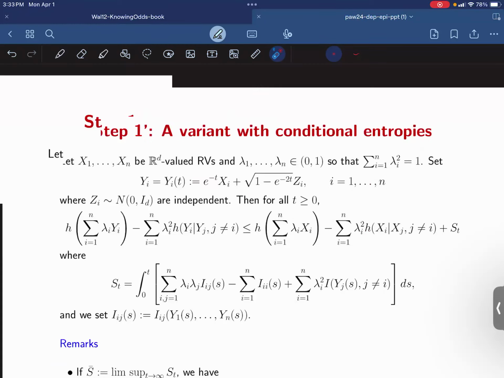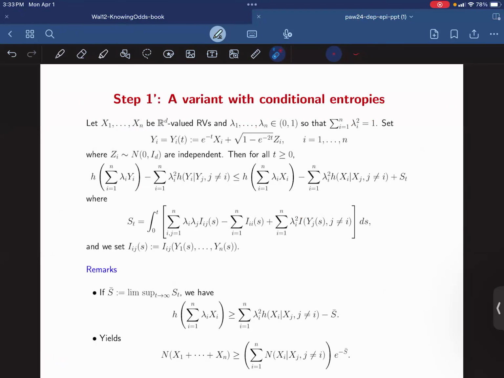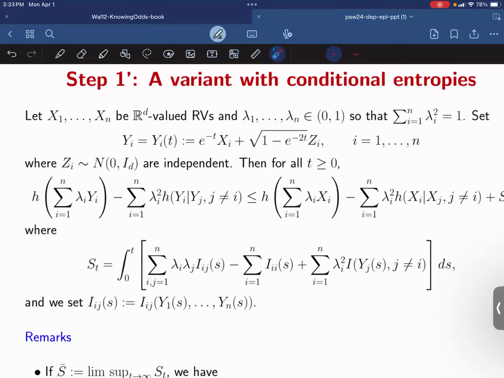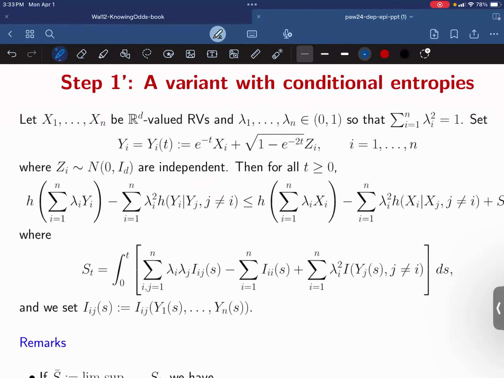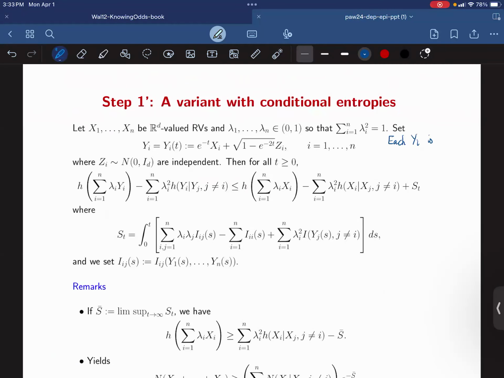One should think, the point is that each of these Yi's is interpolating. This is a standard interpolation argument that is used in this area. Each Yi is interpolating between Xi and Zi, right?